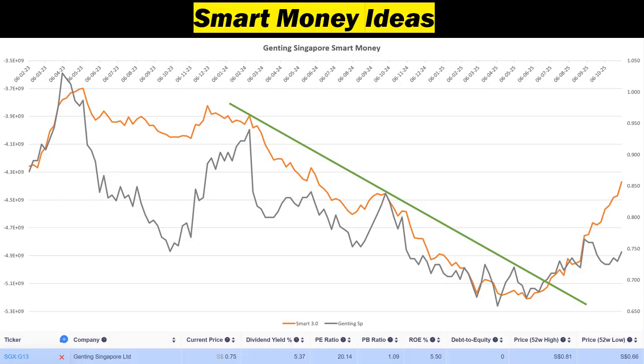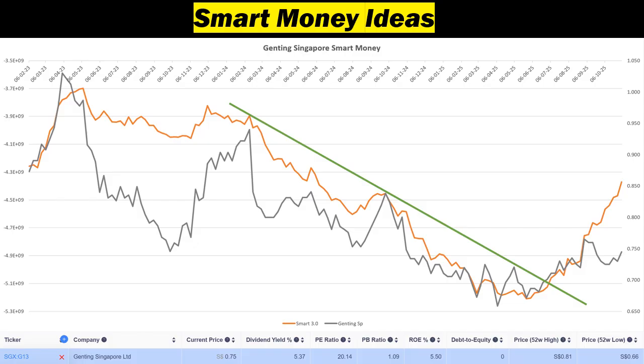So we do see a slight uptick of prices for Genting Singapore since July until now, but not too significantly, right? The share price has broken up above 70 cents and has been hovering between 70 to maybe 78 cents for the past 3 to 4 months. But the positive take from this is that even though the share price did not rise too significantly, we see from the orange line that the smart money continues to buy.